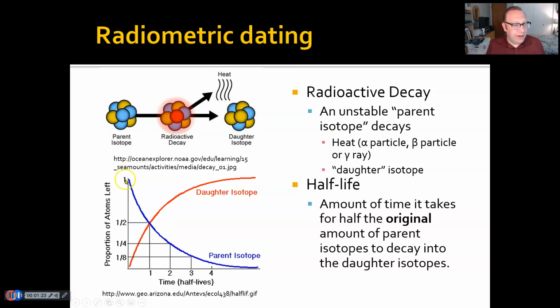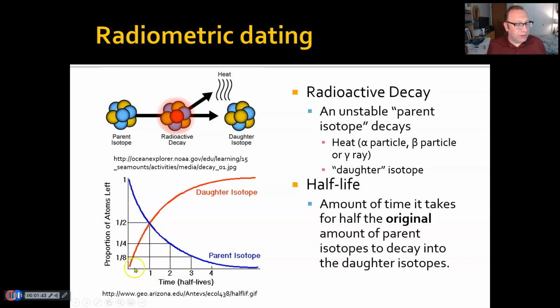So as you can see here, as the parent isotope decays, the amount of daughter isotope increases proportionally. So once you have half of the original amount of parent isotope, we'll call that time interval 1.